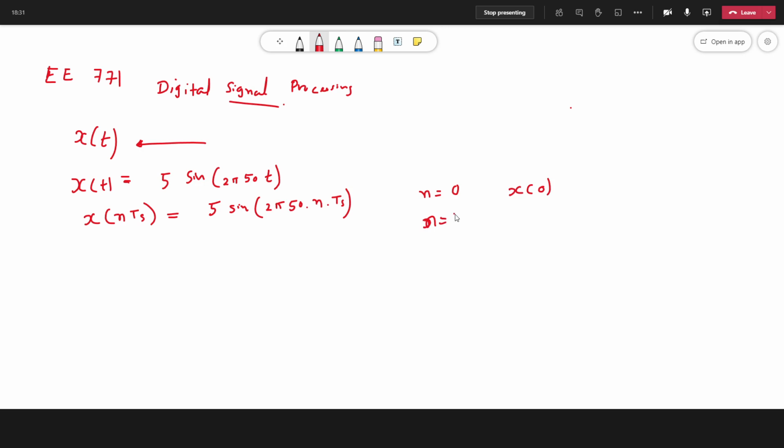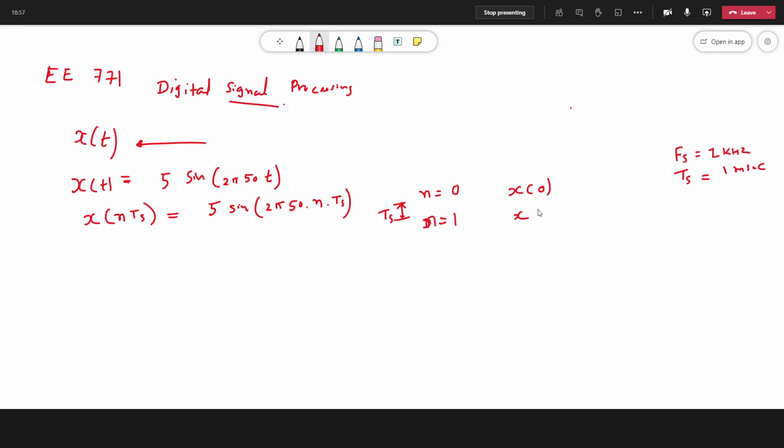Then after Ts time, I will again take a sample. Say I am sampling with the sampling frequency fs equal to 1 kilohertz. Then Ts is 1 over 1 kilohertz, that is 1 millisecond.